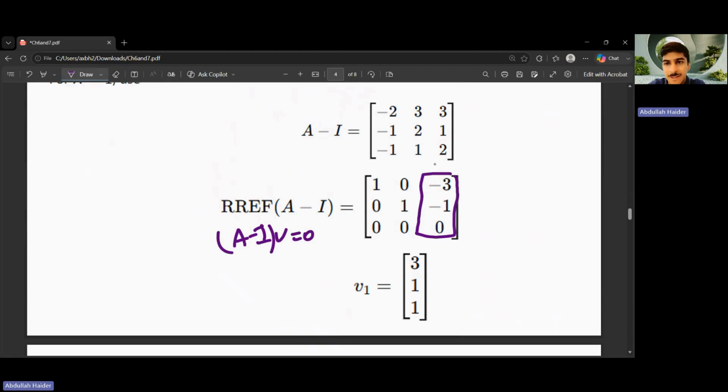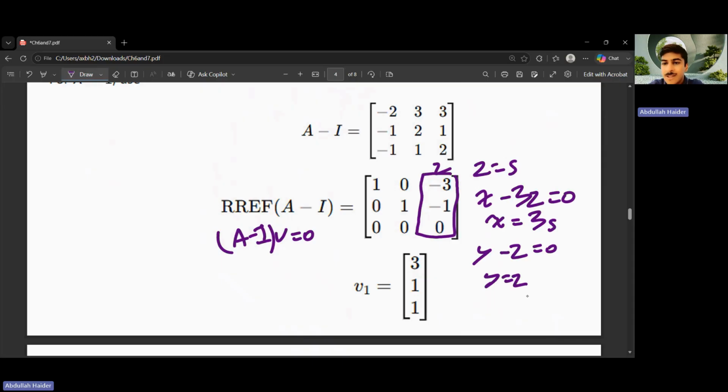Z is your free variable once again here. Z equals S. So basically you get X minus 3Z equals 0. X equals 3S in this case. And Y minus Z equals 0. Y equals Z.